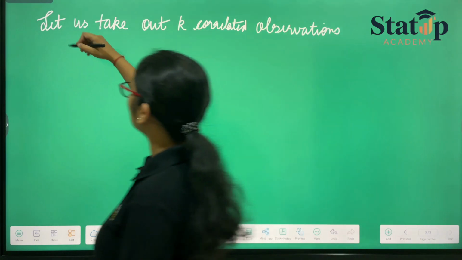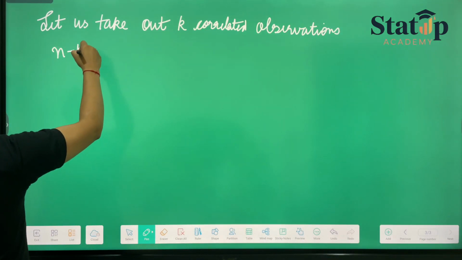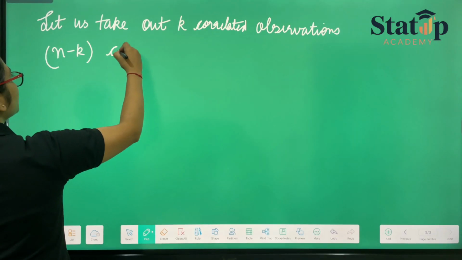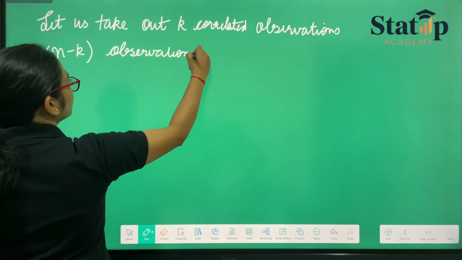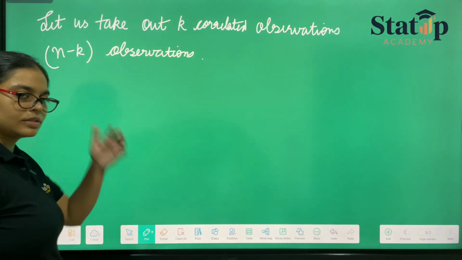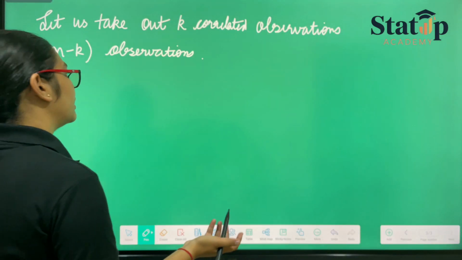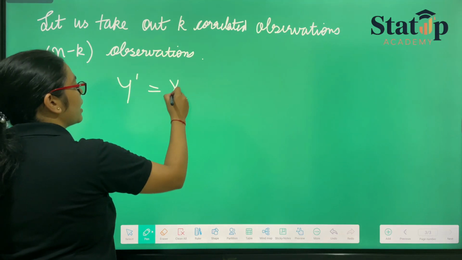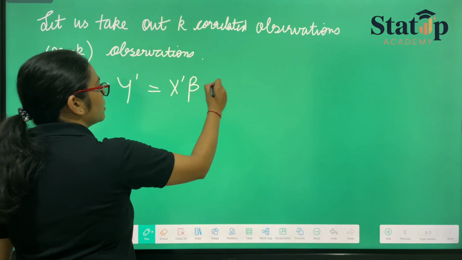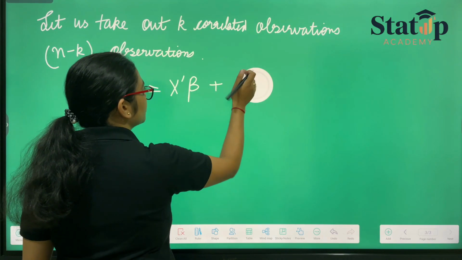We are left with n minus k observations. Now we'll form another model. Suppose our model is y dash equals x dash beta plus mu dash.